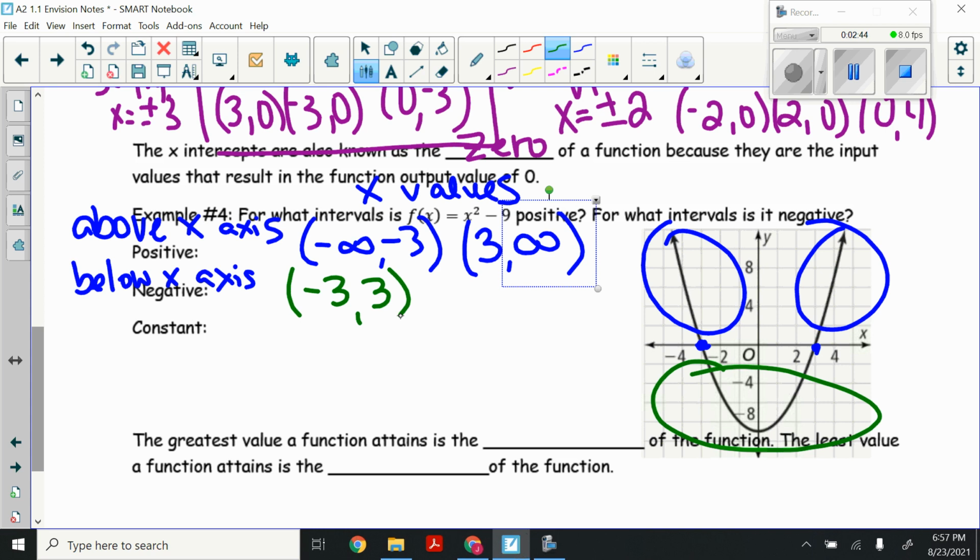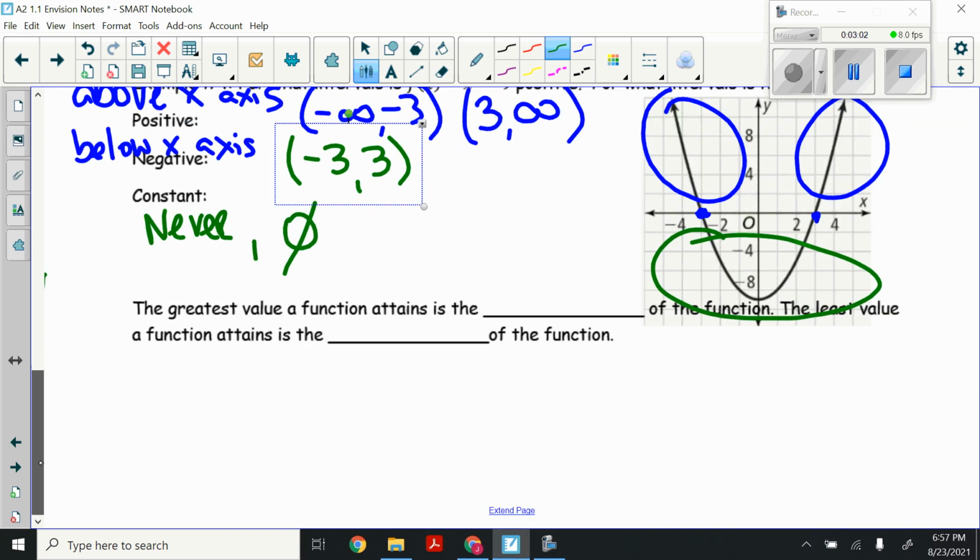Constant: do we have any place where we just have a horizontal line? No. So this is never constant. We could write never, or the symbol, the 0 with the slash through it, which means never.